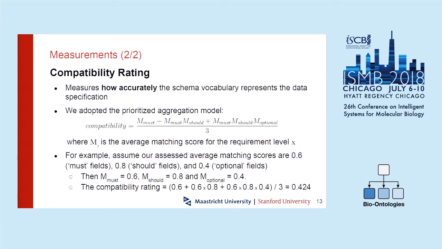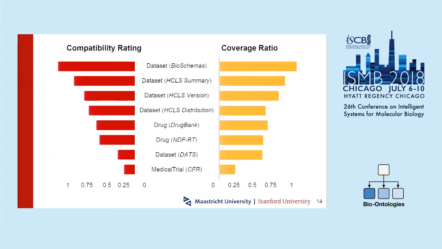Assume that we have an average matching score of 0.6 for the must fields, 0.8 for the should fields, and 0.4 for optional fields, then the compatibility rating will be 0.424. We apply this measurement to all our mapping tables. At the end, we have 8 mapping tables based on the specifications that we compared on the previous slide. And this is what we have.